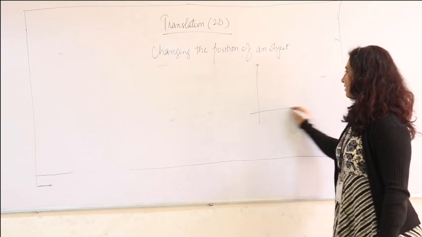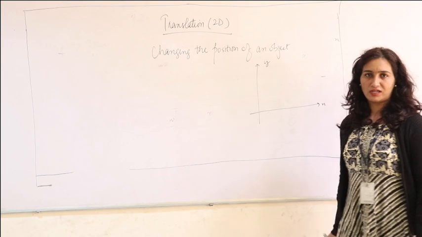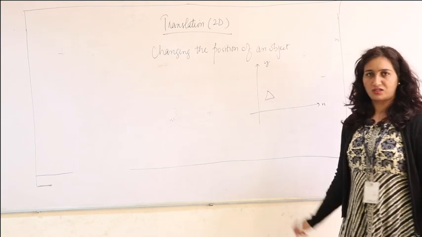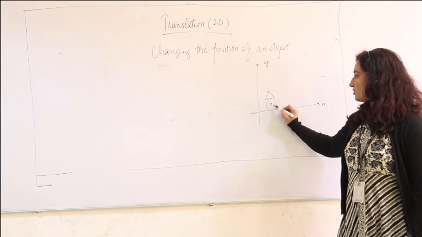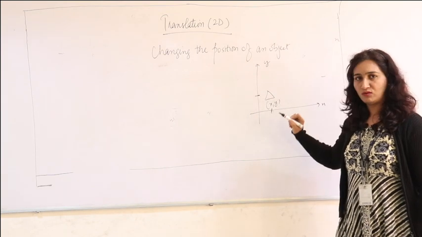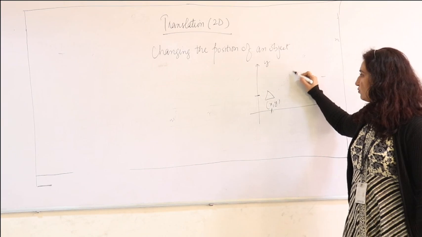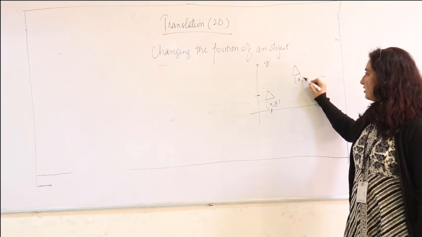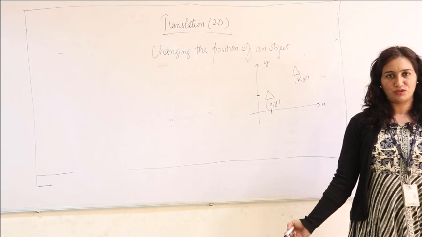Suppose this is the x-axis, this is the y-axis. Suppose this is an object. It has some position, an x-axis value and a y-axis value. Suppose we have to move it to another location, x dash and y dash.